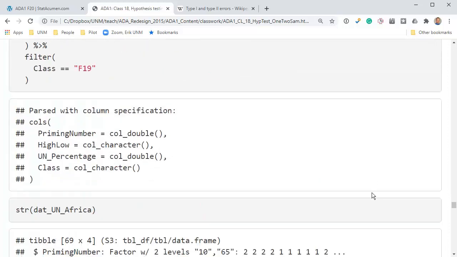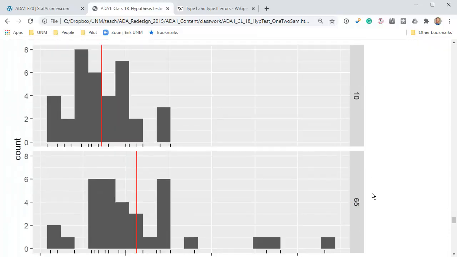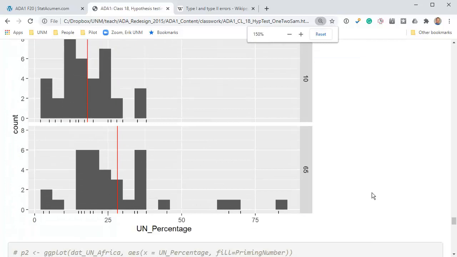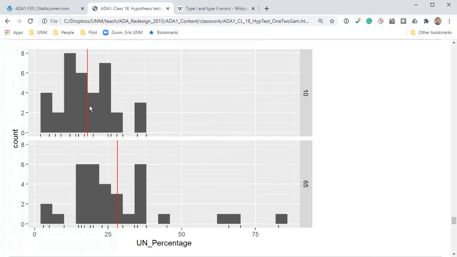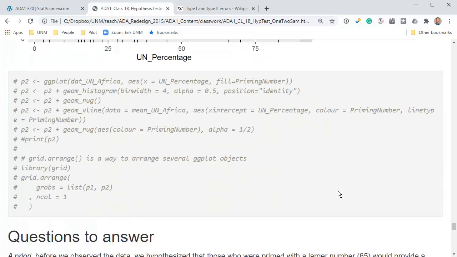The data look like that, where when we primed them with the number 10, they guessed lower numbers than when we primed them with 65. So we influenced their guess based on a random number not associated with the problem at all.